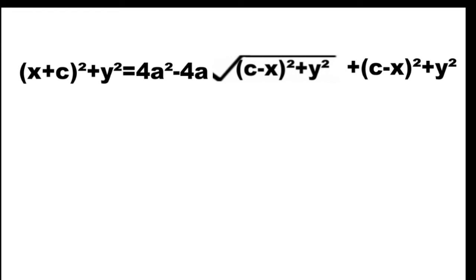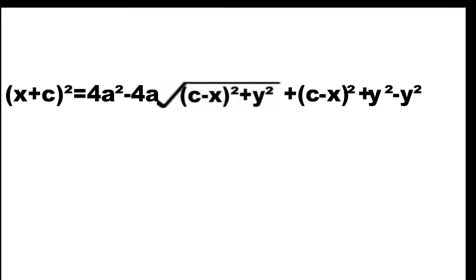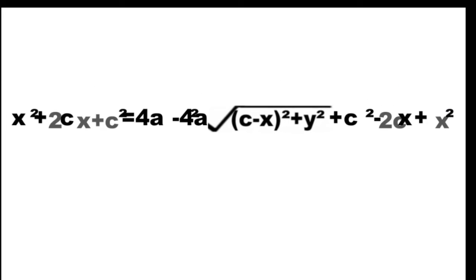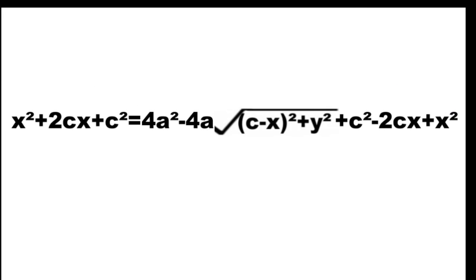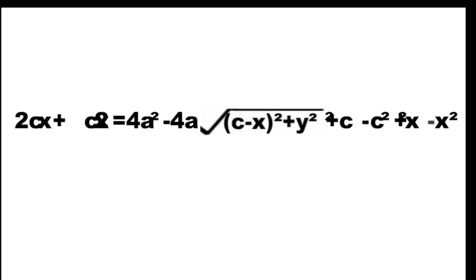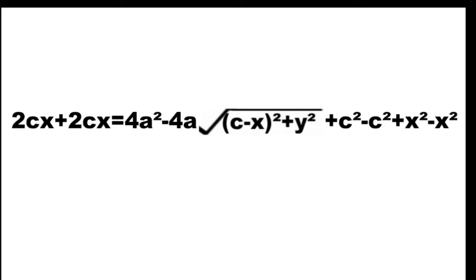To solve this easier, cancel y squared by transposing y squared to the right. Here we can cancel y squared as 0. Use binomial square for x plus c and c minus x. Here we can combine like terms by transposing x squared and c squared to the right and negative 2cx to the left.